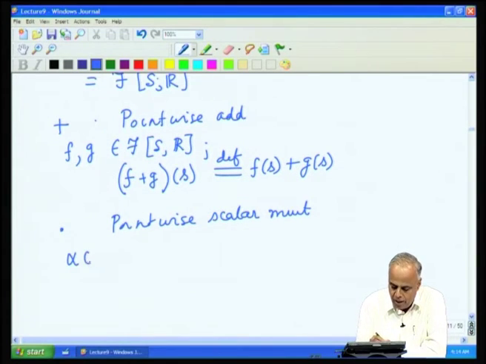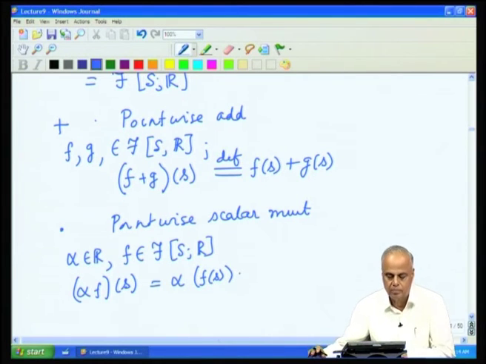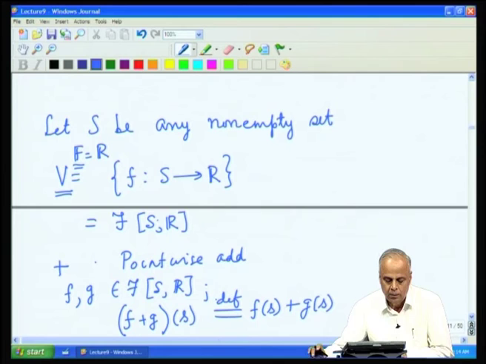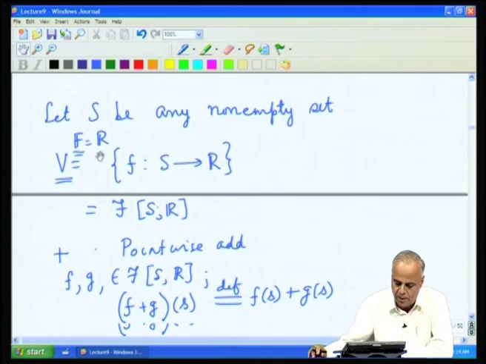If alpha is in R and f is in F(S,R), then alpha f is the function whose value at any point s is, by definition, alpha times f(s). So, the set V is the collection of all functions from S to R, real valued functions on the set S, and the field is the field of real numbers.